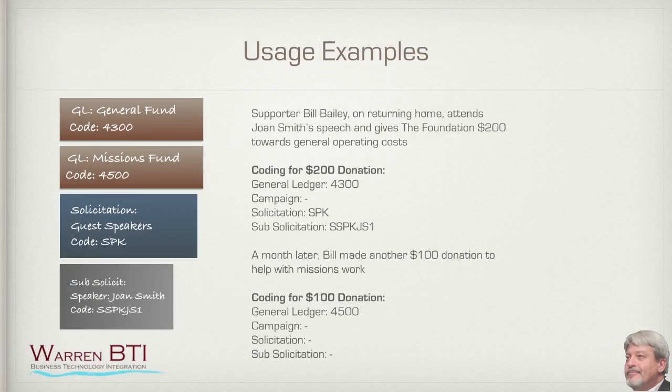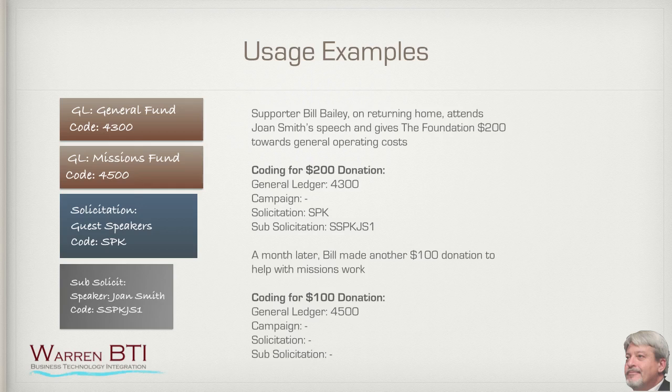Supporter Bill Bailey, on returning home, attends Joan Smith's speech and gives the foundation $200 towards general operating costs. So the $200 donation has gone to General Ledger Code 4300, which is the general fund. It was not associated with a campaign, so we're not filling in that campaign field for this particular donation.